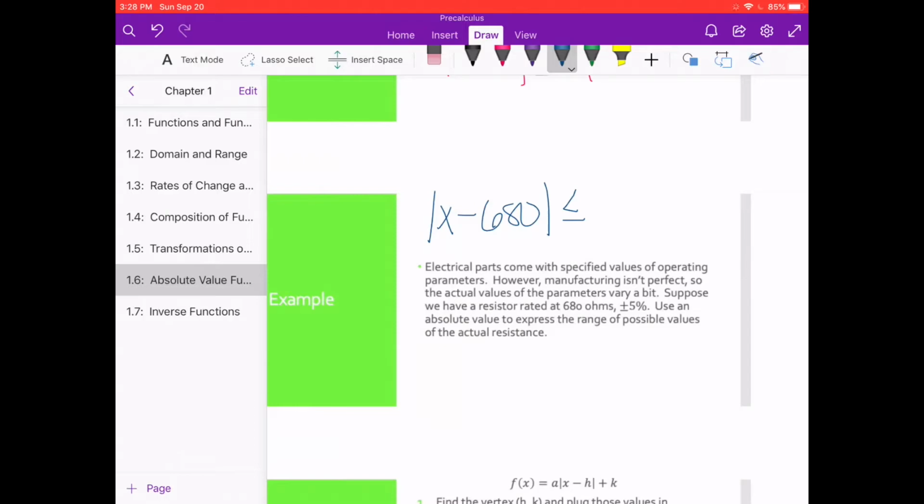If we do that, 0.05 times 680, we get 34. So the absolute value of x minus 680 has to be less than or equal to 34, and that describes all the possible range values of the actual resistance.